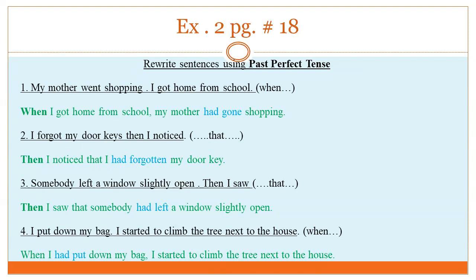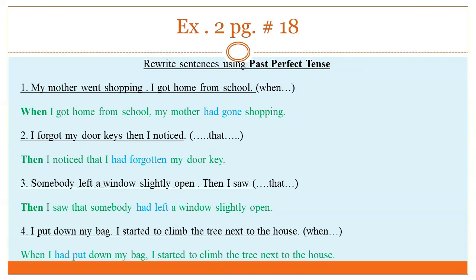My mother went shopping. I got home from school. We are given two sentences here. My mother went shopping, one idea. I got home from school, second idea. We have to join these two ideas to make one sentence, one idea. So how do we make this one sentence?